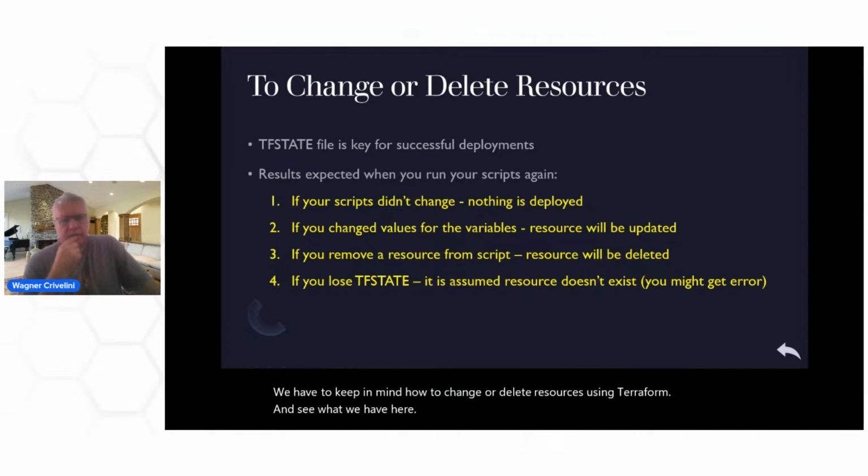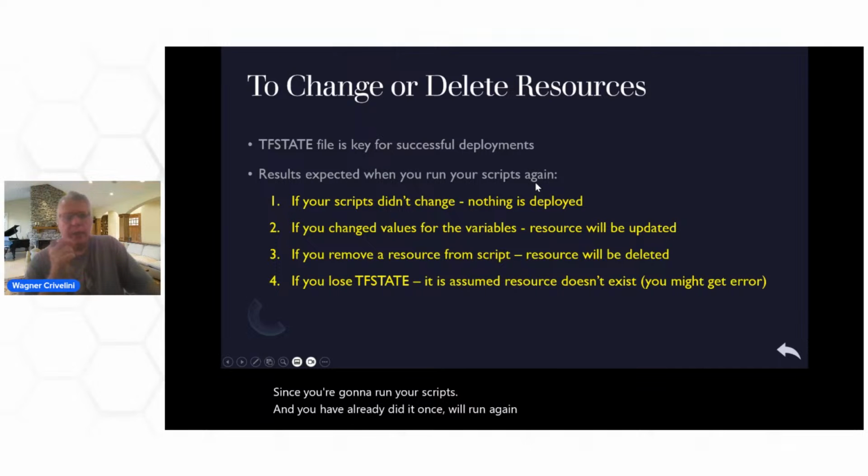As I said here, tfstate is key. Since you're going to run your scripts and you have already done it once, I will run again. What happens? If your script didn't change, nothing is deployed. If your script changed values for the variables, some resources will be updated with the new values you're passing.